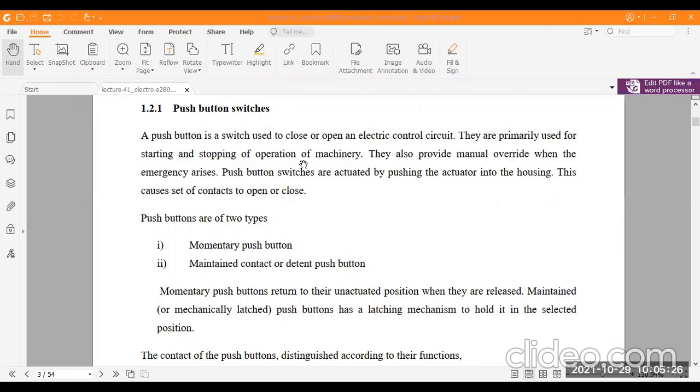According to their construction, we classify these push button switches into 2 categories. One is the momentary push button, and the other is the maintained contact or detent push button. The momentary push button returns to its unactuated position when it is released.